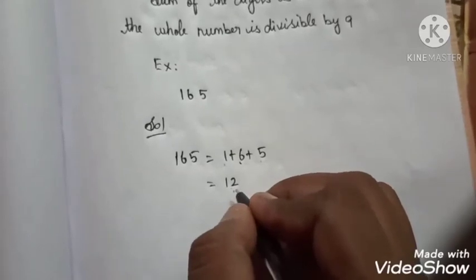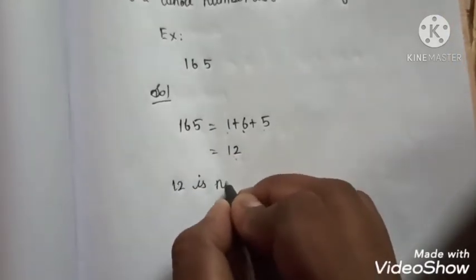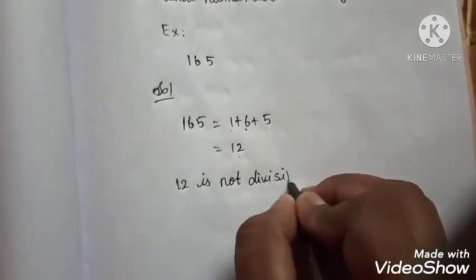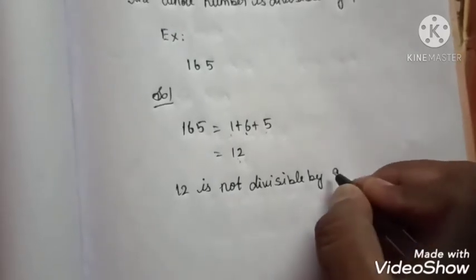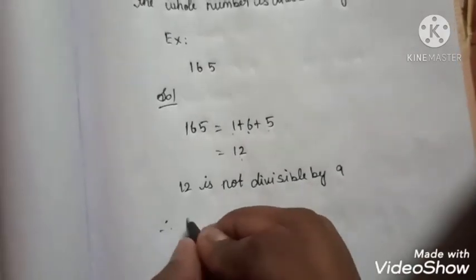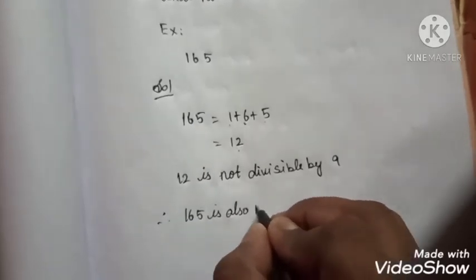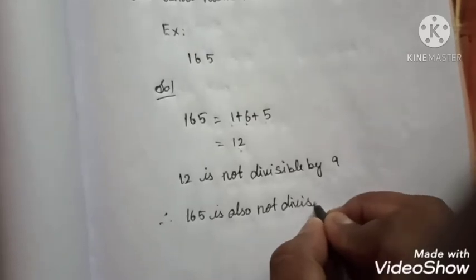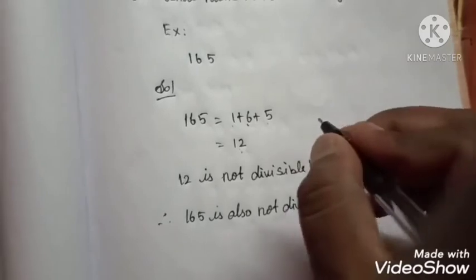So 12 is not divisible by 9. Therefore 165 is also not divisible by 9.